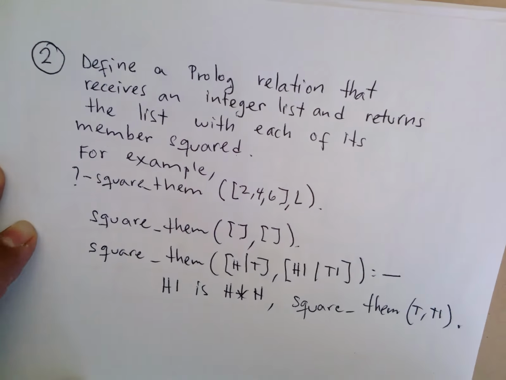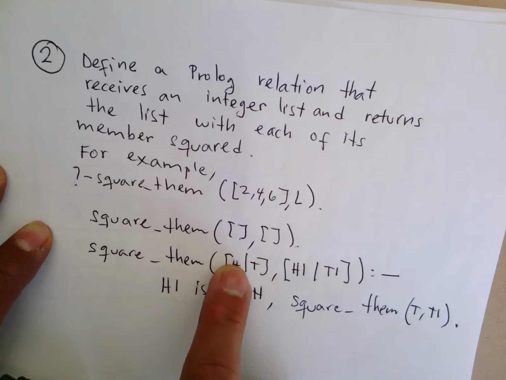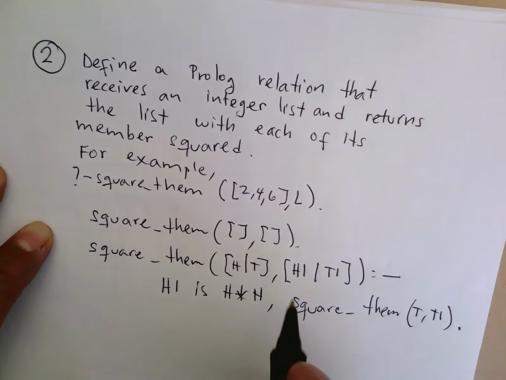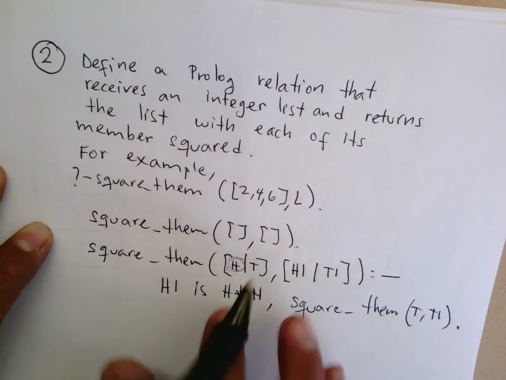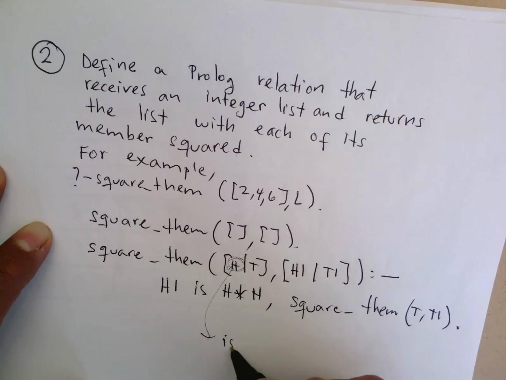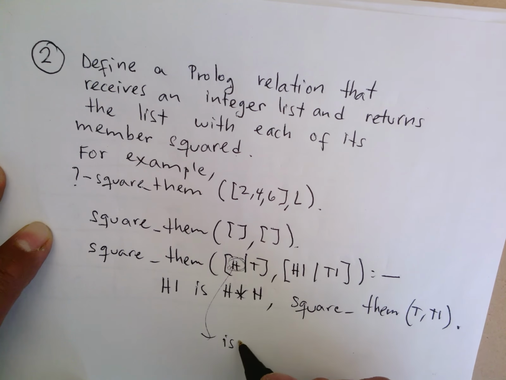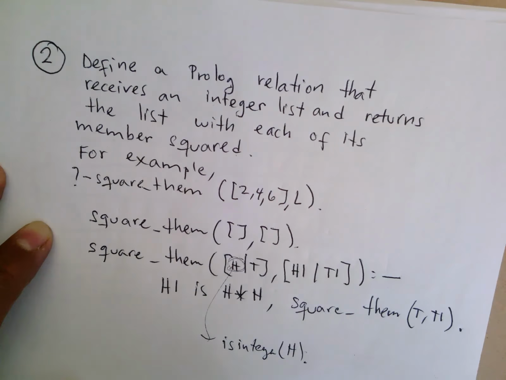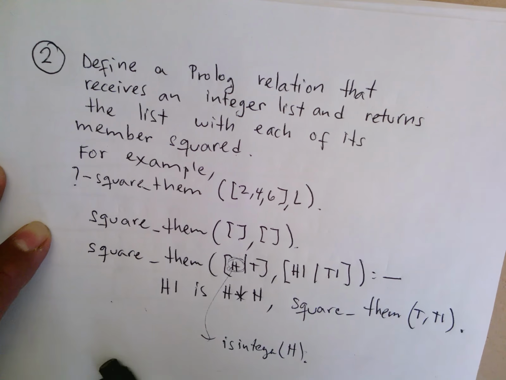Now there is just one observation: if they are providing a list that doesn't have integers, then I can have an error. So I could also specify something that says is integer h, but I'm not checking for that. And if there's something else, we can say that's a mistake.